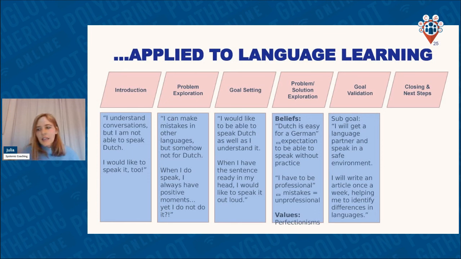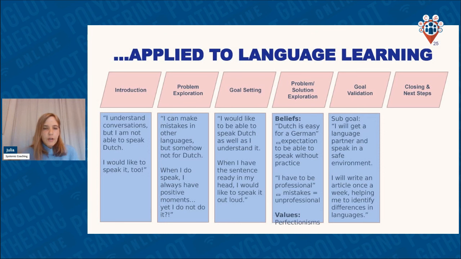So I looked for a solution, and in my case, that was further defining the goal as, first of all, getting a language partner, speaking in a safe environment. That was for me a sub goal, because I said I will not be able to just speak from tomorrow onwards, and I will also not get the right feedback. I'm not able to let go of this professional belief yet. And second, I decided to write an article every week.